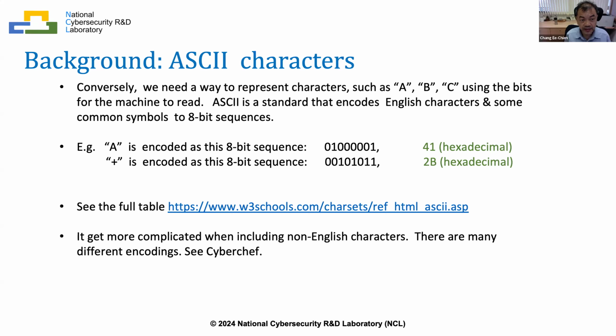ASCII is a standard that lists down how we encode readable characters, English characters, and common symbols. For example, A is encoded as this 8-bit sequence, 01000001. The hexadecimal is 41. You take the first 4 bits, so this is 4, last 4 bits, this is 1, and so on. The full table can be seen here.